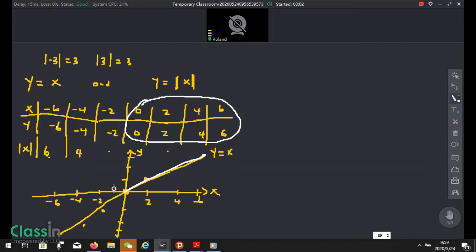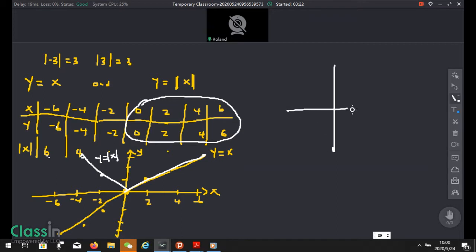Instead of -2, we have +2. Instead of -4, we have +4. Instead of -6, we have +6. So this will be the graph of y equals absolute value of x. Let me draw it properly.